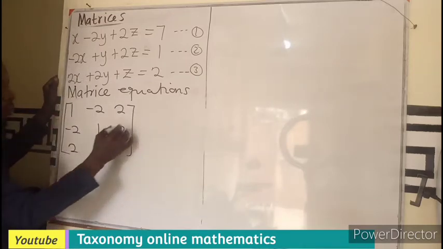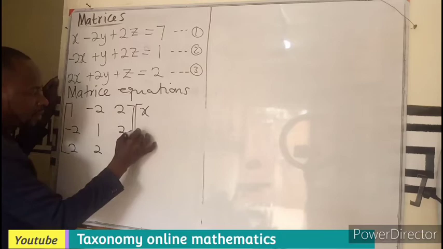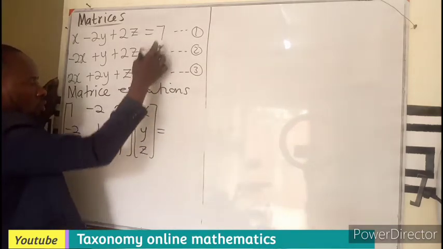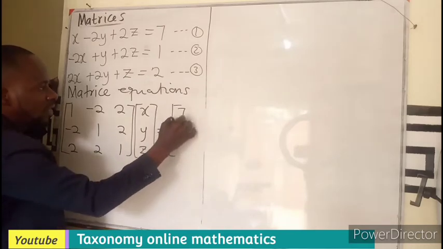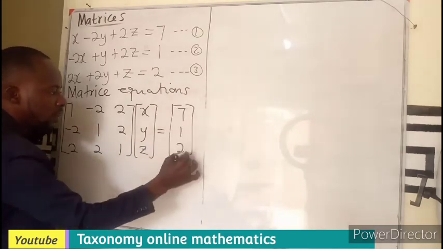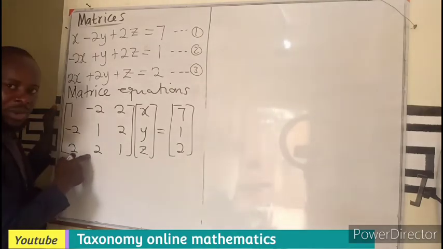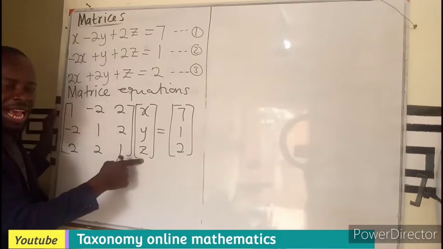That is supposed to multiply our X, Y, Z, and that will give us our answer as 7, 1, 2.